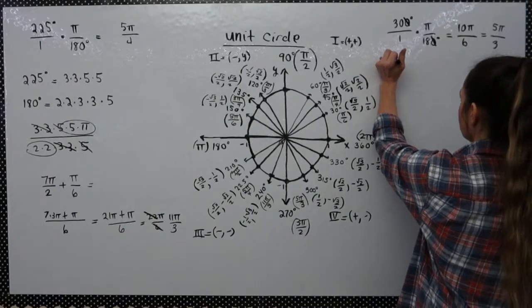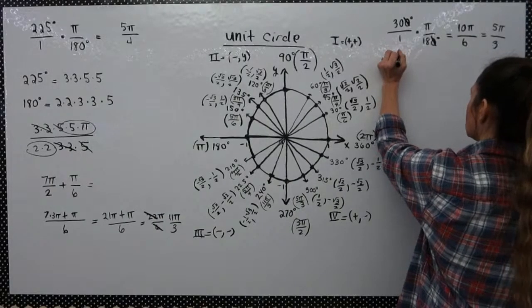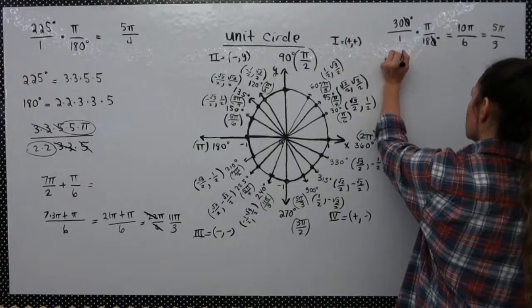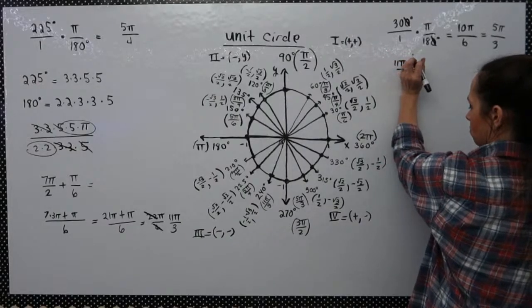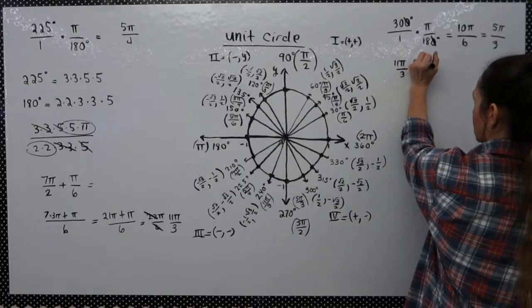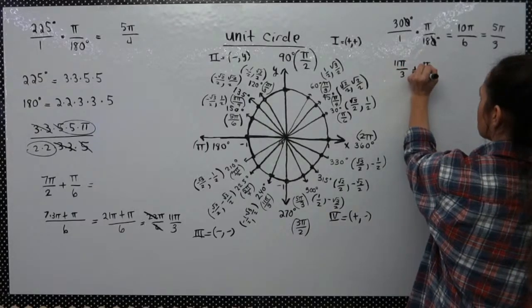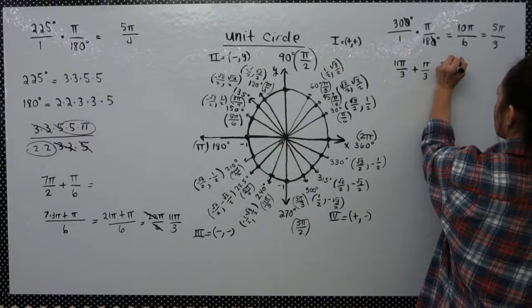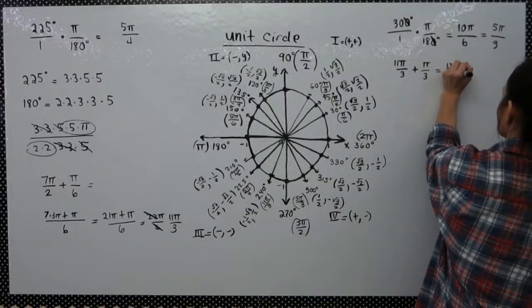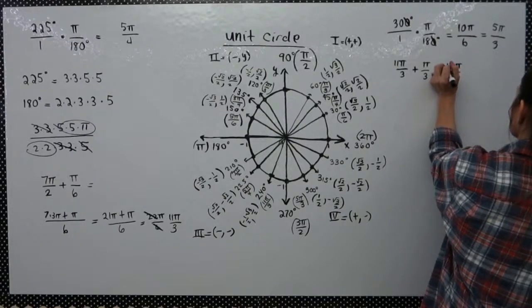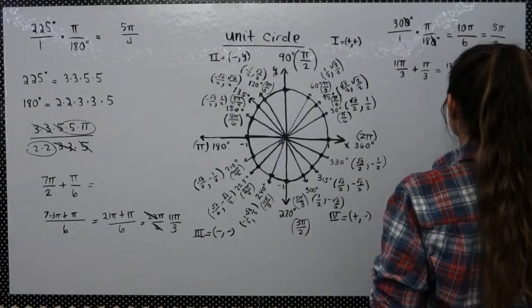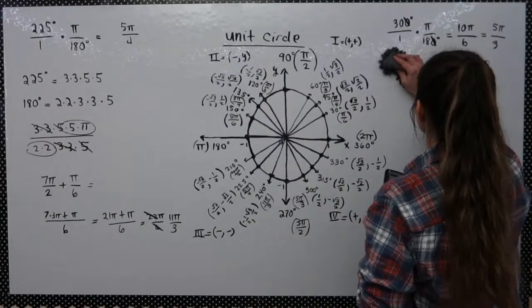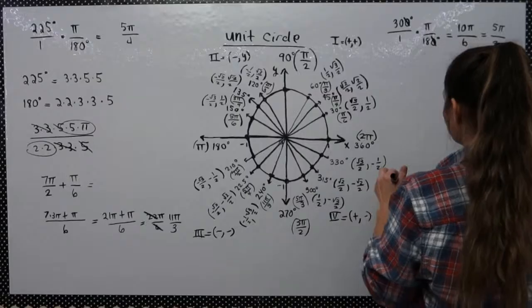So 11 pi over 3 plus pi over 3 is going to give me 12 pi over 3, and 12 divided by 3 is 4 pi. That's not right. I don't know what I'm doing wrong. Okay, it's all right. Let's move on.